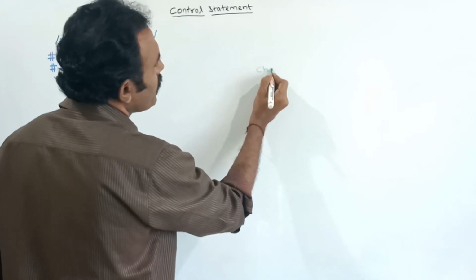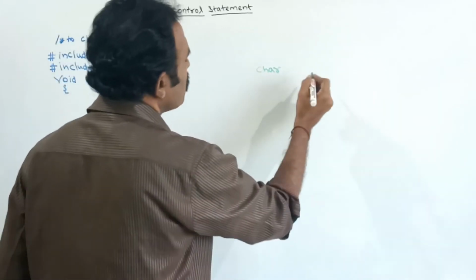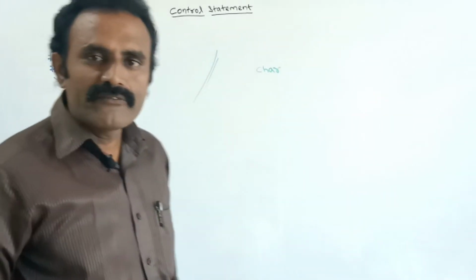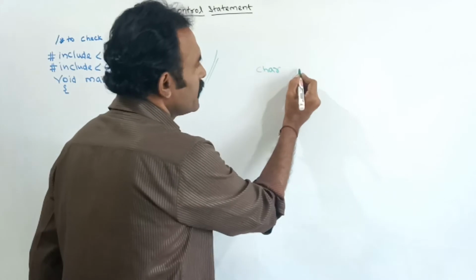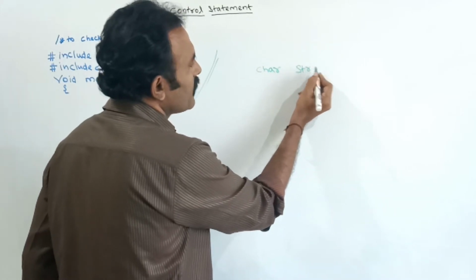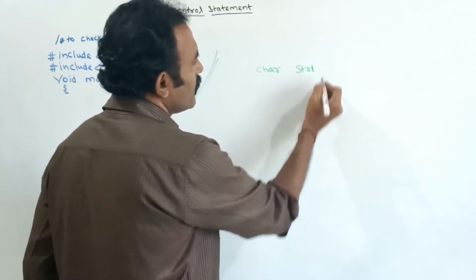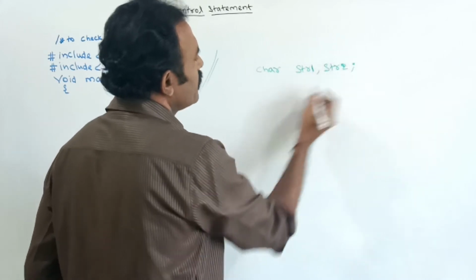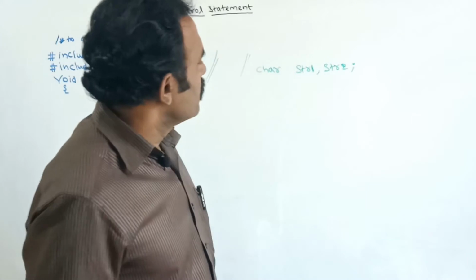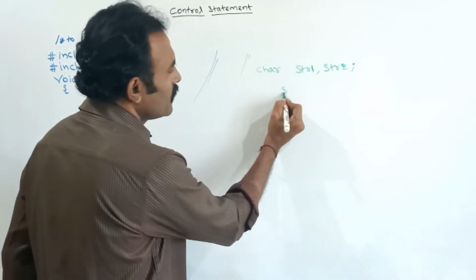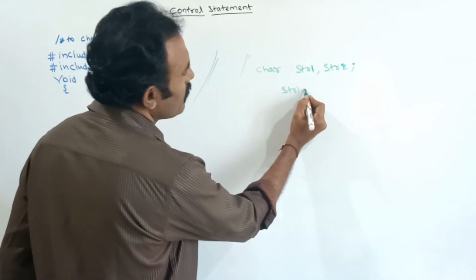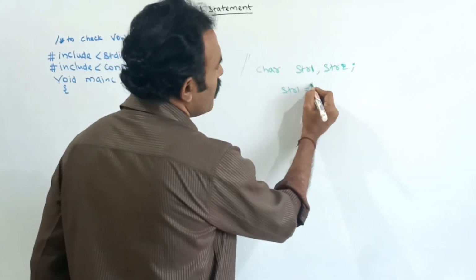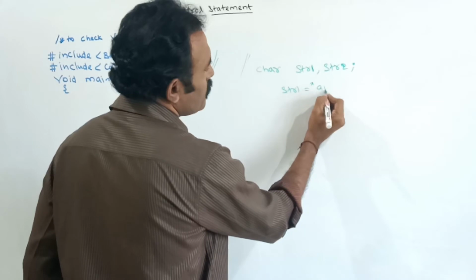For example, I am declaring variables of character string type, str1 and str2, totally I have declared two variables. In string 1 I am giving the string as apple.